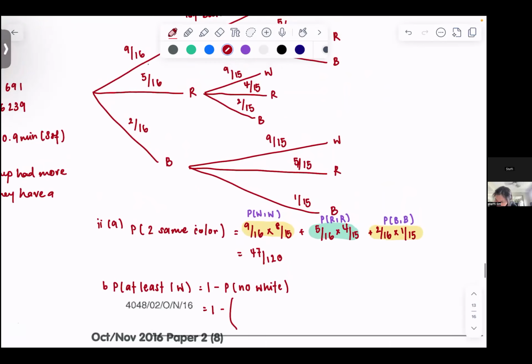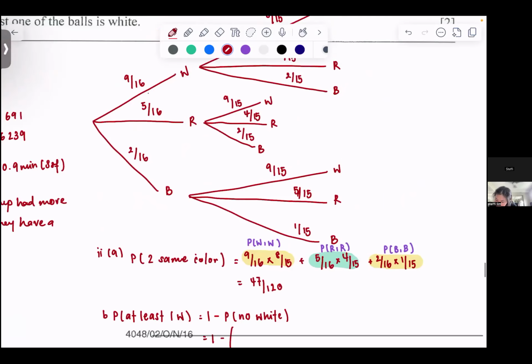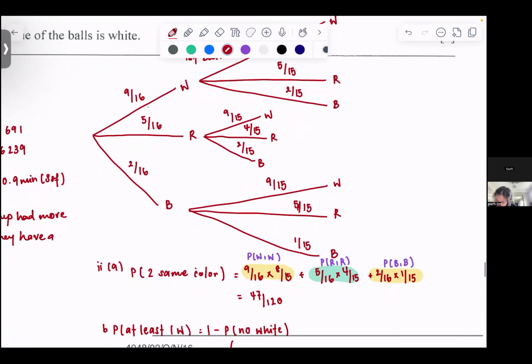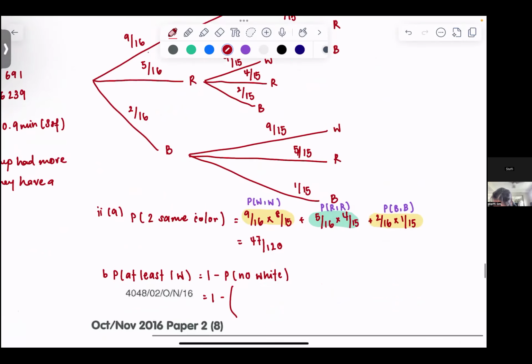What would that be? 1 minus no white. So what if I get two red or 1 red, 1 black, right? So that would be 5 out of 16 times 4 out of 15, plus 5 out of 16 times 2 out of 15.